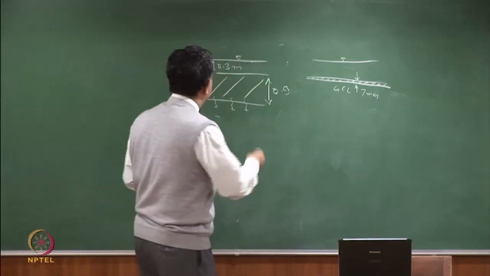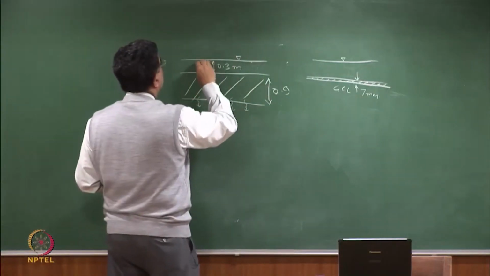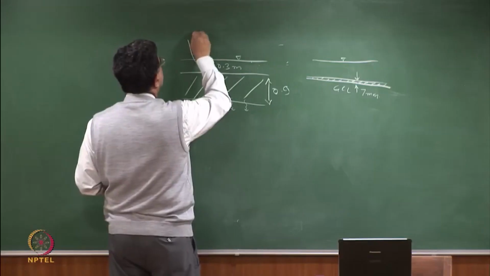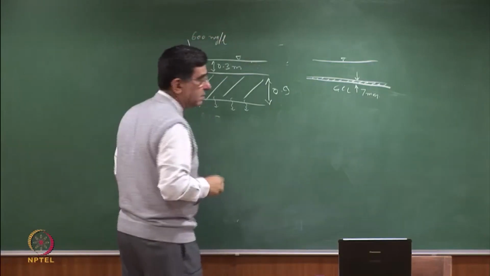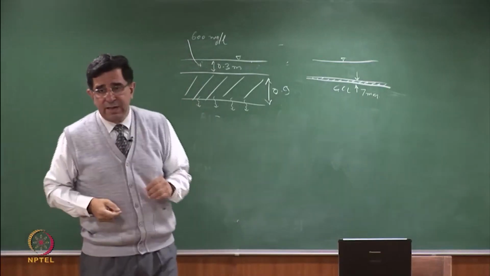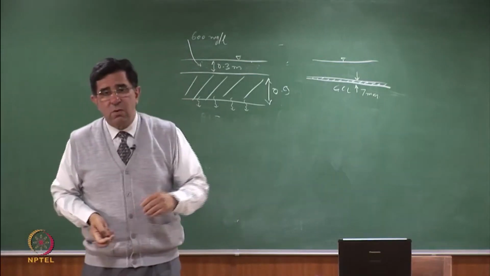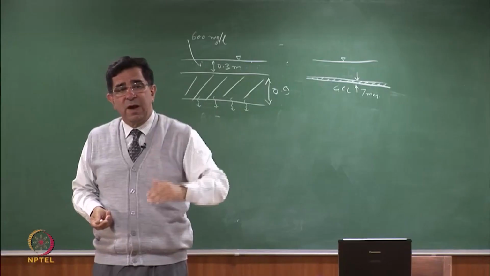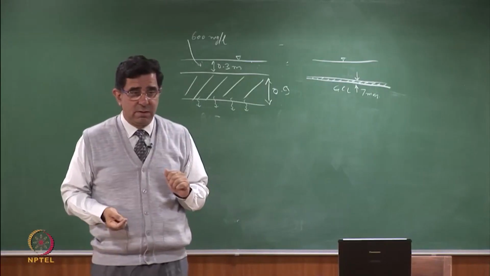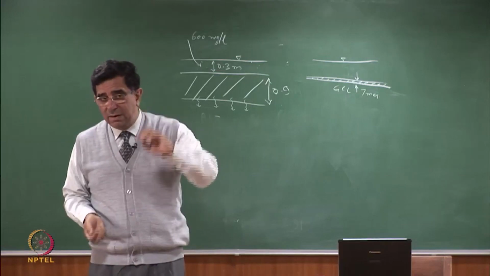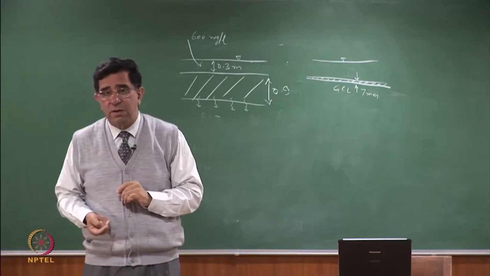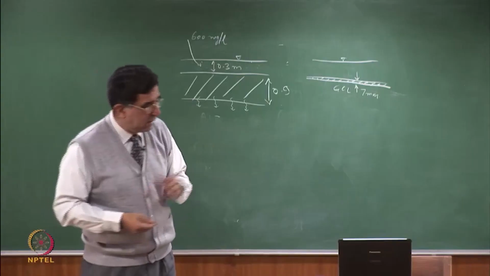We are saying that this leachate has 600 milligram per liter of chloride ions. So we want to know how much chlorides will come out of the compacted clay liner and how much chlorides will come out of the GCL, and compare the two.